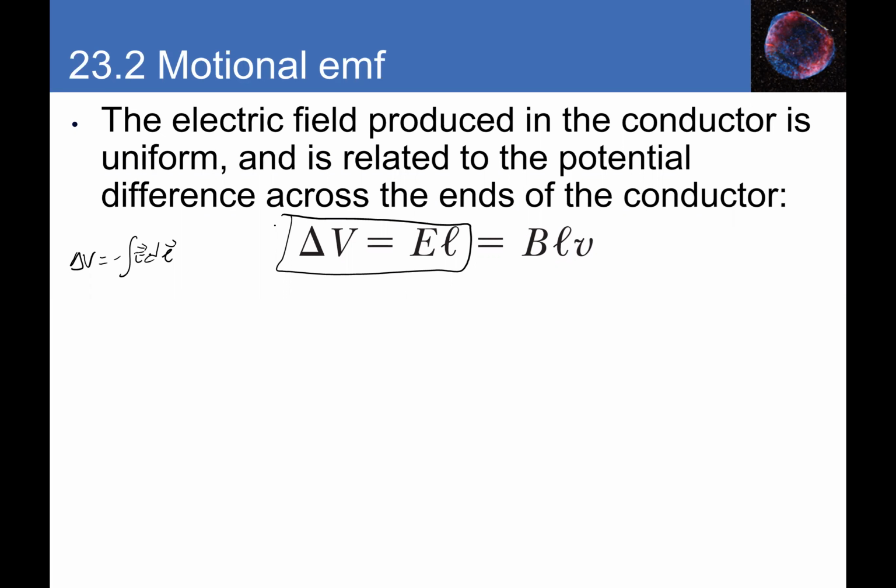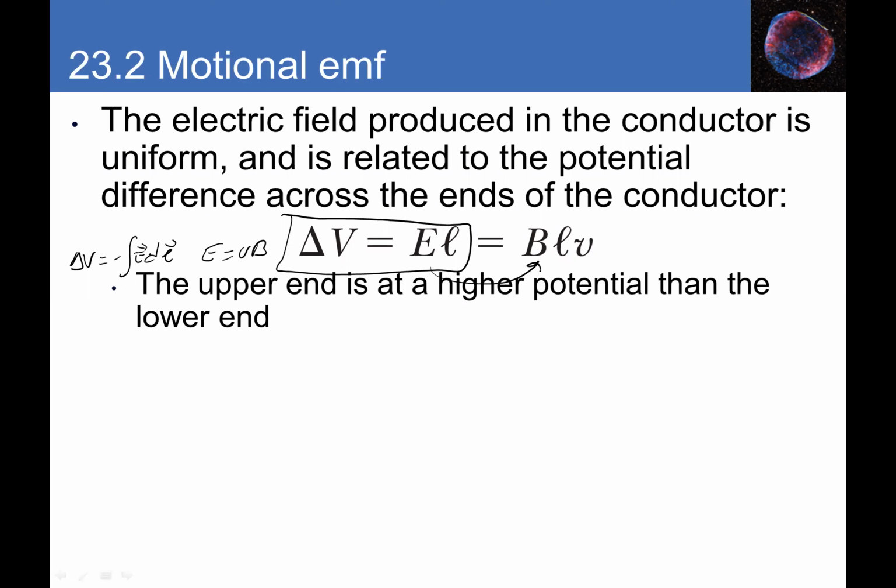Now, I just showed you that E was V times B from the previous slide. So I replace E with that, and you can also have delta V equals B times L times V. That means if you have a motional EMF, then the potential difference will be proportional to the external magnetic field strength, the length of the conductor, and how fast the conductor is moving.